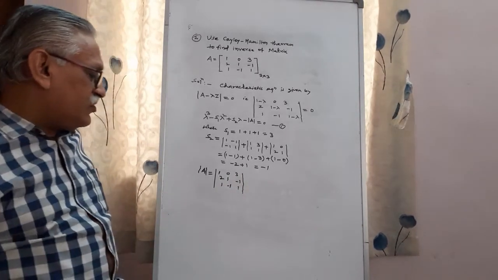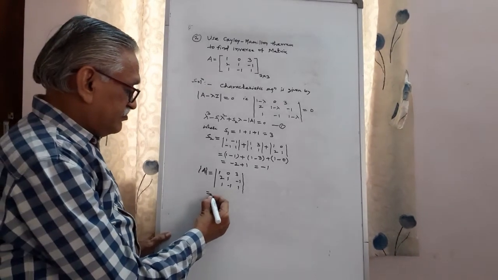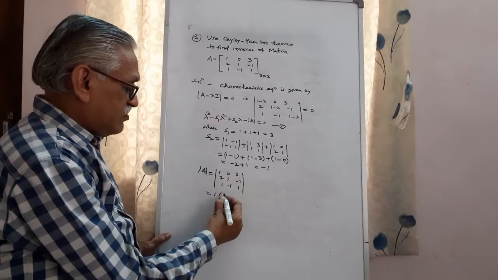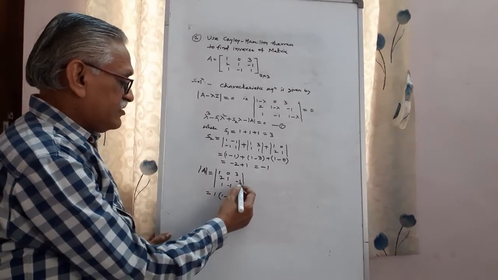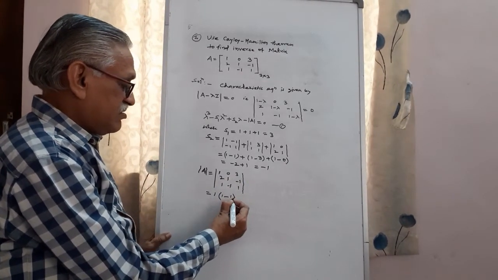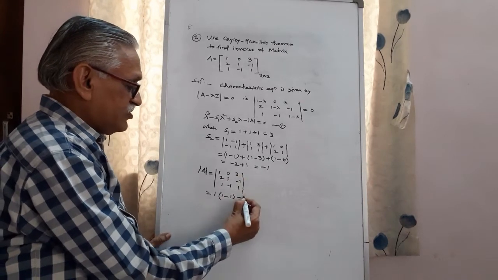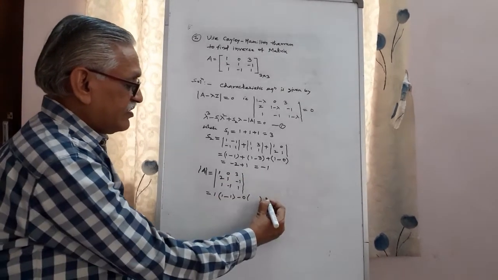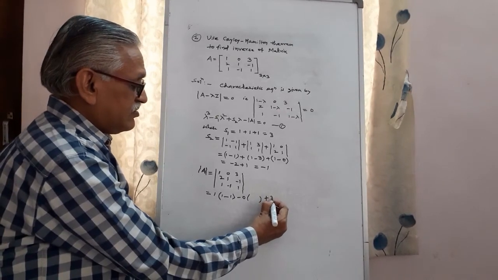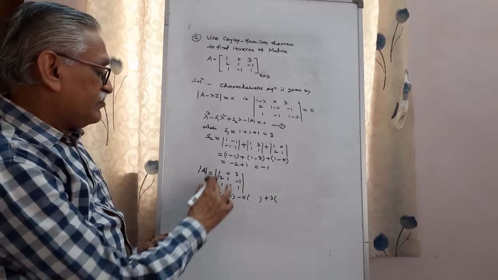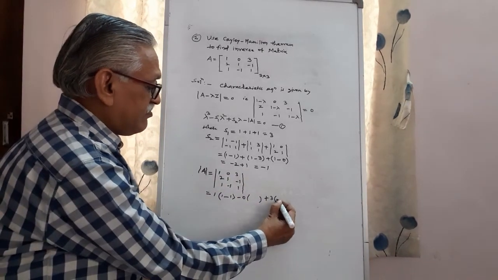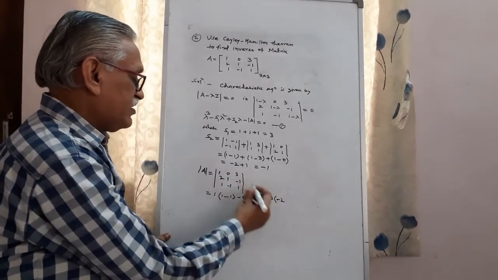Then finding its value: 1 into this product 1 minus this product, then the second element is 0, 0 into anything we get 0, plus 3 into, neglecting this cell, 2 into minus 1 minus 1 into 1.